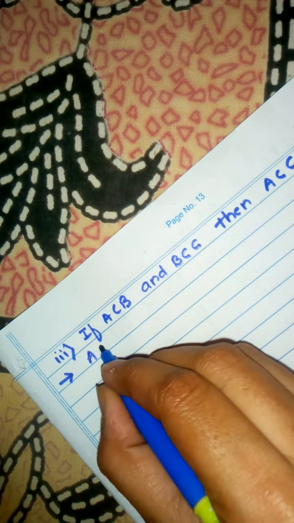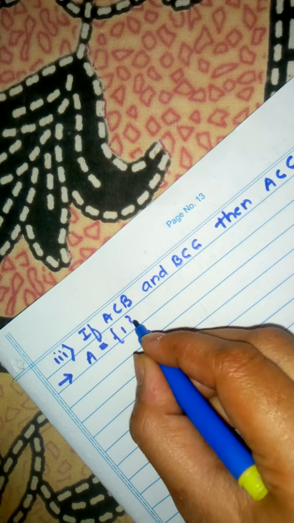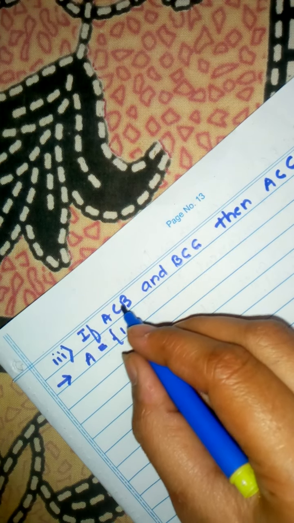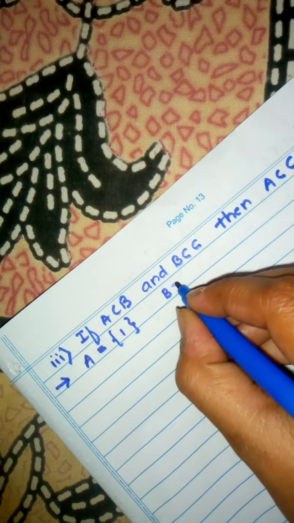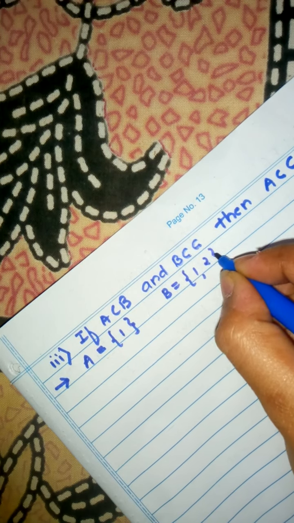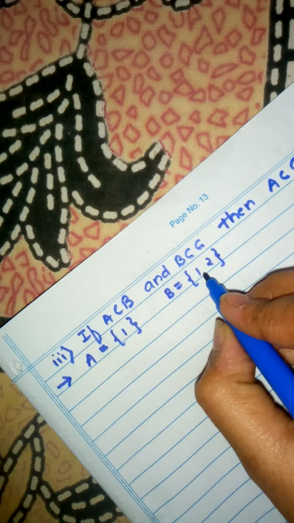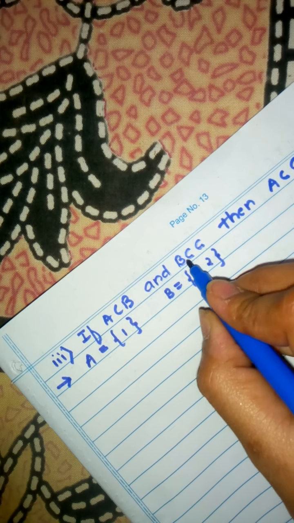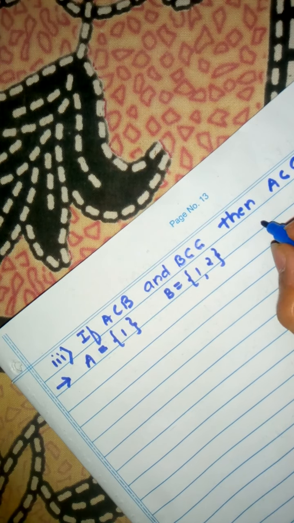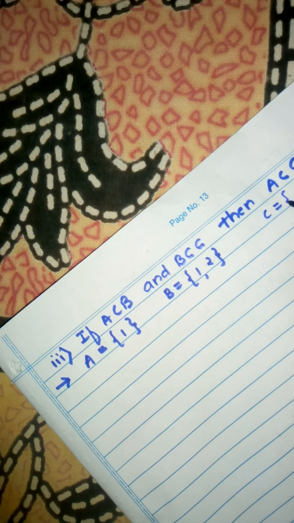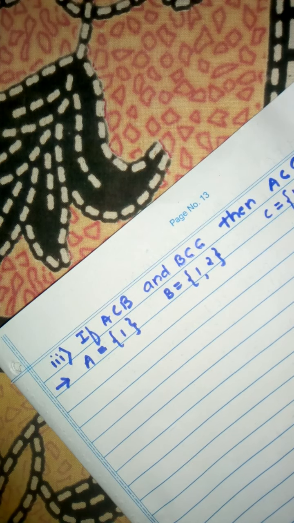So if we take set A equal to only one element, 1, and it is a subset of B, that means B we will take as say 1 comma 2. Now if we take these two sets, this condition is satisfied, that is A is a subset of B. Now, B is a subset of C, so C we have to take in such a way that the elements of B should be there, and 3 we will take.